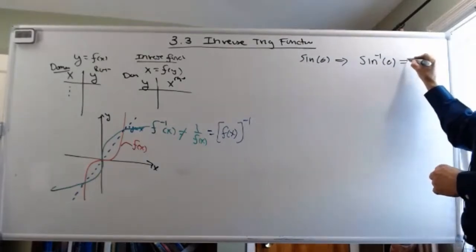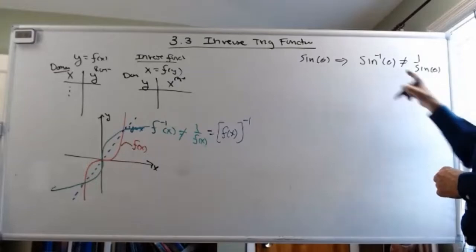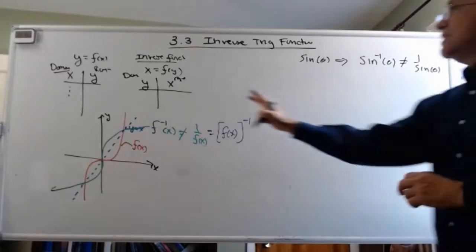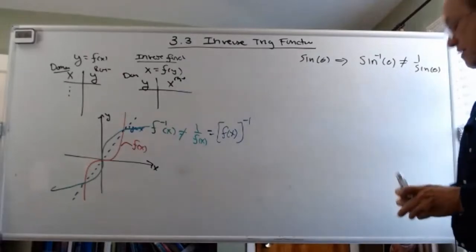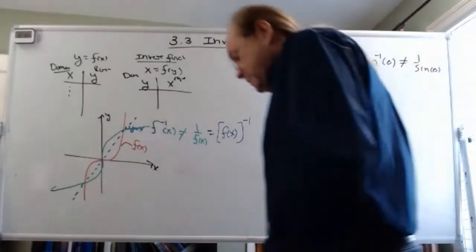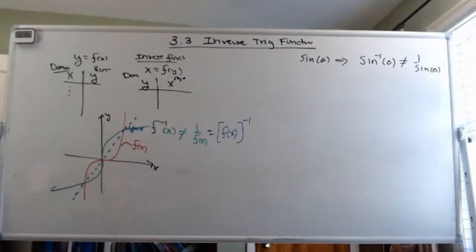Again, that does not equal 1 over the sine, otherwise that would be the cosecant. It's something different. It's this flipping of the x's and y's. Okay, let's take a look at it graphically. So I'm going to go on now to Desmos, and look at the function and add in those pieces.